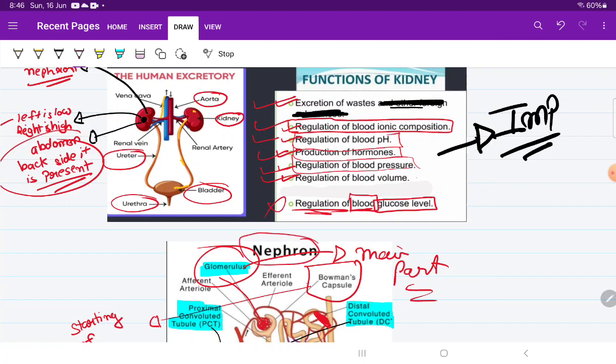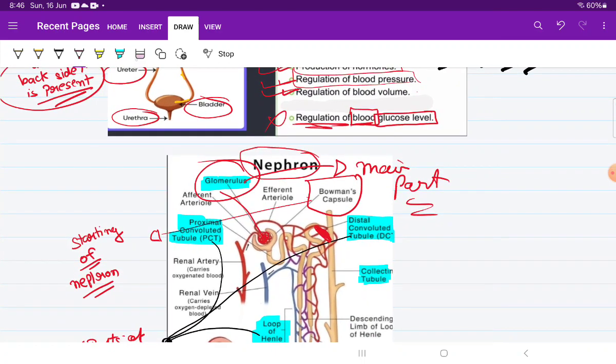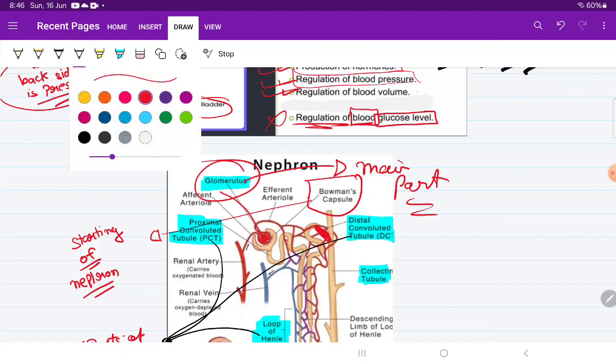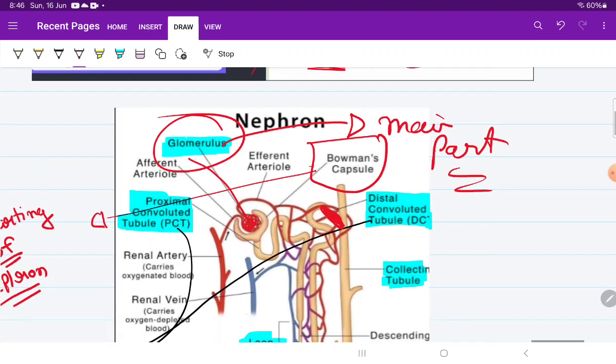In respiration, what is the main functional unit? Yes, alveoli. And there is a nephron in our kidney, which is the main functional unit of excretion. Now let's see the function of the nephron. In the nephron there is a Bowman capsule.